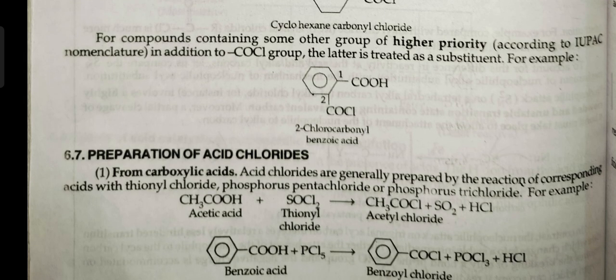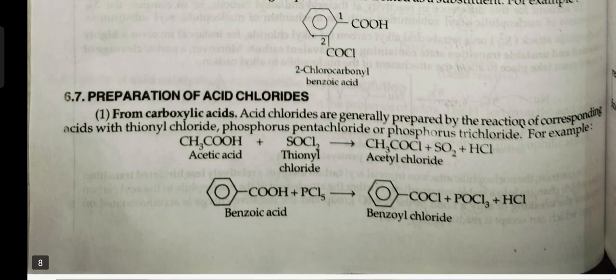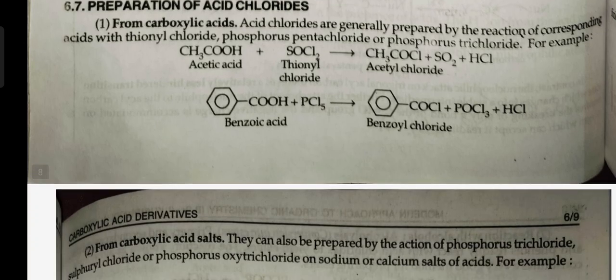Preparation of acid chlorides. From carboxylic acids, acid chlorides are generally prepared by the reaction of the corresponding acid with thionyl chloride, phosphorus pentachloride, or phosphorus trichloride. For example, acetic acid plus thionyl chloride gives acetyl chloride plus SO₂ plus HCl.